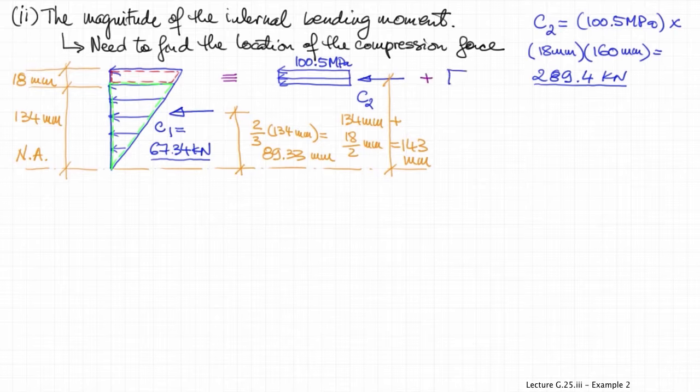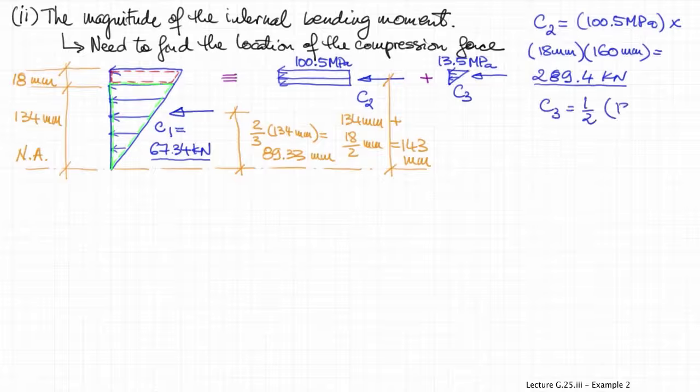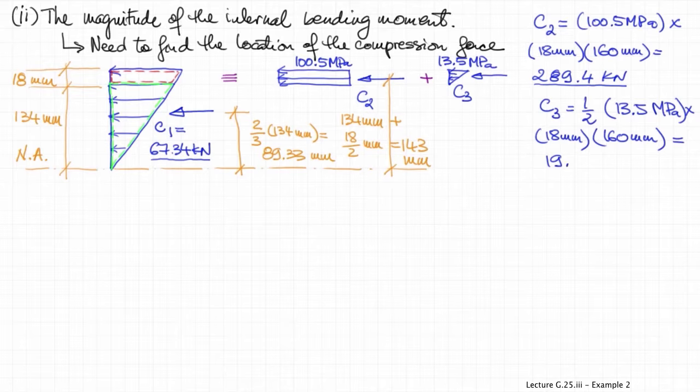Then we also have a little triangular stress block, which was part of the original trapezoid, with a maximum stress intensity of 13.5 megapascals and an equivalent compression force C3 equal to the area of the triangular stress block multiplied again by the width of the flange, because it's acting on the flange, so 160 millimeters, would give us a total for C3 of 19.4 kilonewtons.